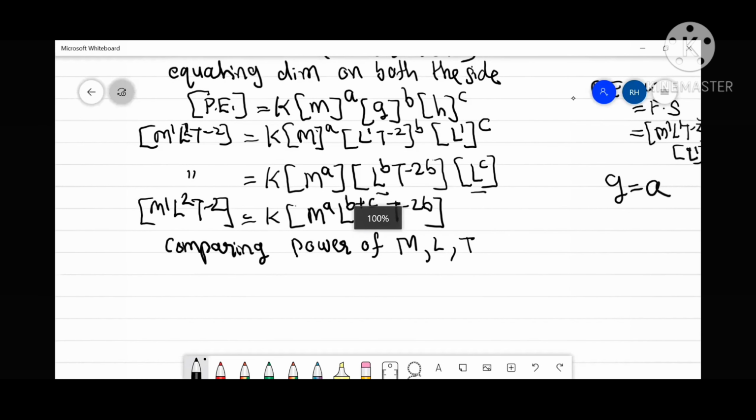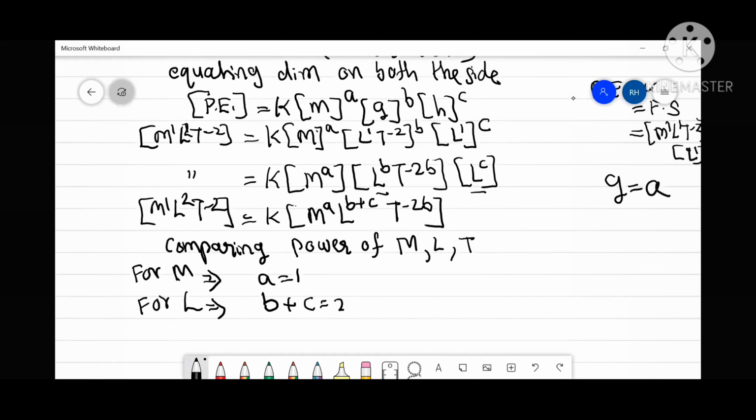Now, on the left hand side M raised to 1 and on the right hand side M raised to a, so for M, a is equal to 1. For L, on the right side L raised to b plus c and on the left hand side L raised to 2, so b plus c is equal to 2.